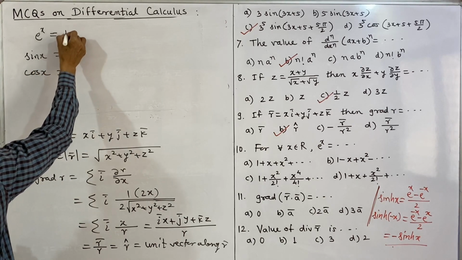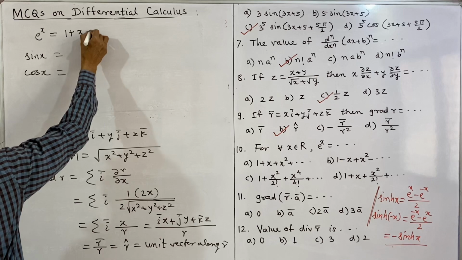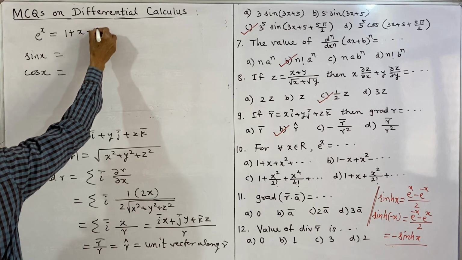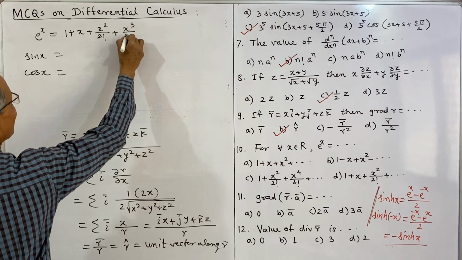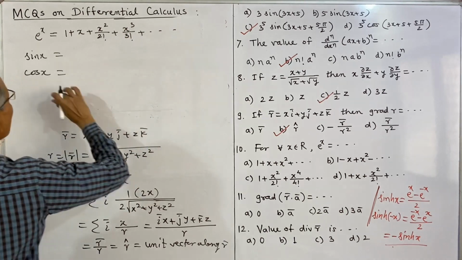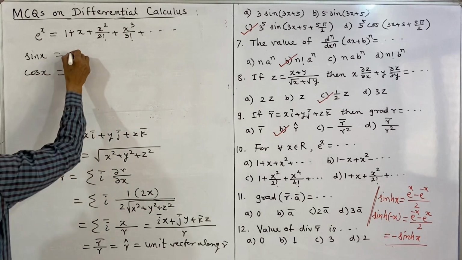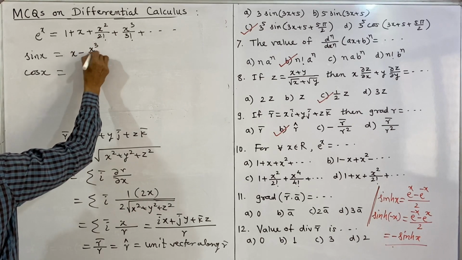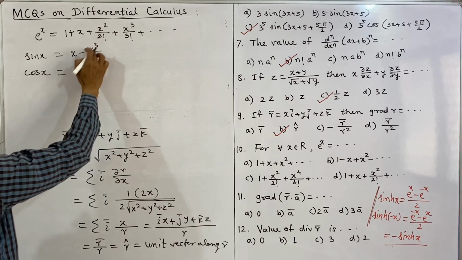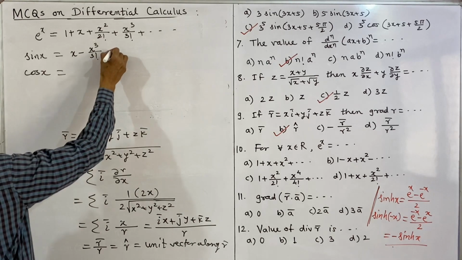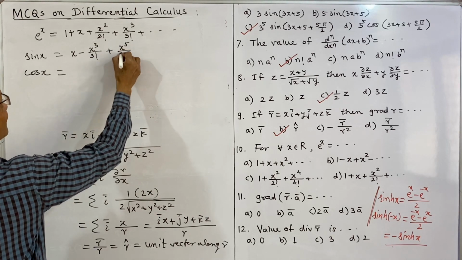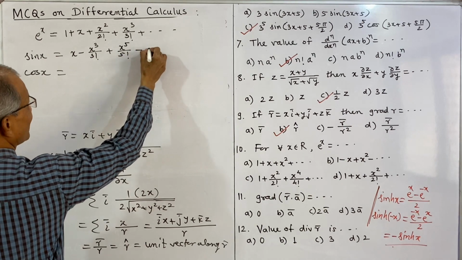For e power x, the expansion is 1 plus x power 1 divided by 1 factorial, plus x square divided by 2 factorial, plus x cube divided by 3 factorial, and so on. For sin x, it is x minus x cube divided by 3 factorial, with odd power terms and alternating signs, plus x power 5 divided by 5 factorial, minus, and so on.